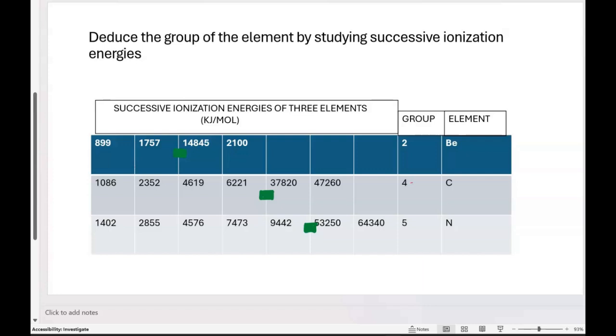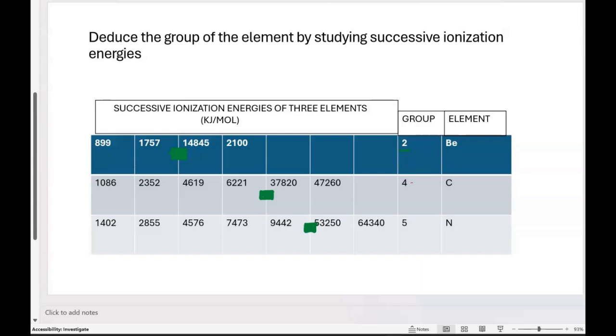Study the successive ionization energies of these 3 elements. Now, element 1. You can notice a big jump of ionization energy after removal of the 2nd electron, indicating that the element belongs to group 2.